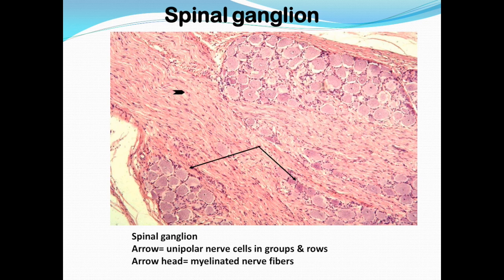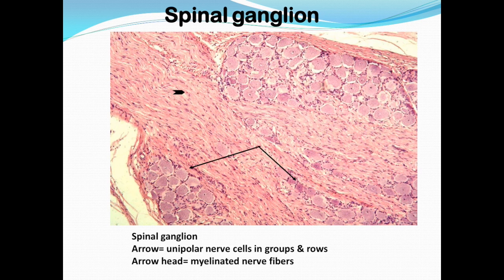So the arrangement, the size, and the shape. After that, you may have a label for this one. This is the blood vessel, and we know that the blood vessels are very minimal in the spinal ganglion.